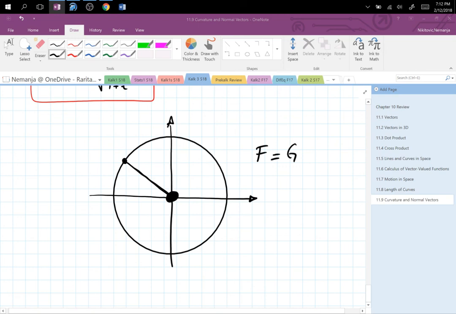Yes, G M1 M2, nice, over R squared, distance squared, great. Can anyone do that for the charge? It's the same formula. K Q1 Q2 divided by, again, separation squared. Great. It's all the same formula recycled over and over again.